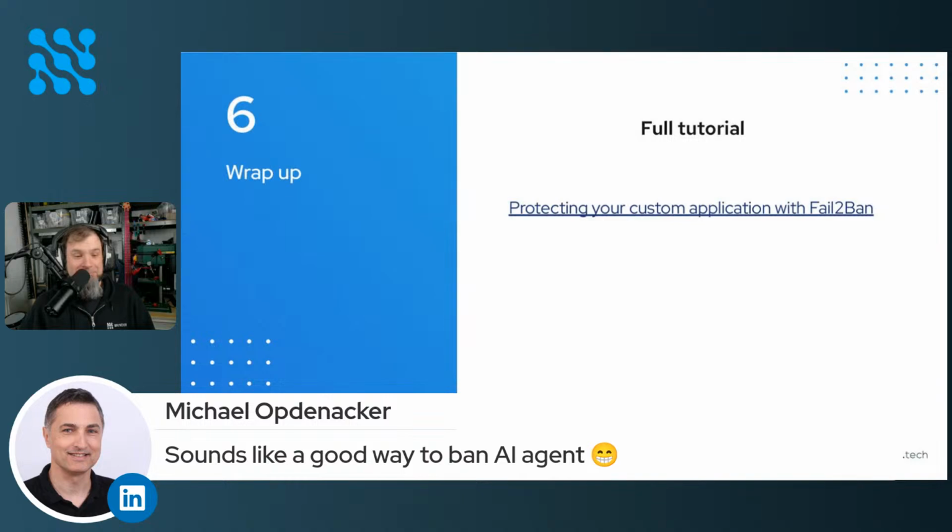And Michael says, sounds like a good way to ban AI agents. Yeah, and I kind of agree. The big problem is that AI agents often fake their user agent. And it's not really nice, but that's reality. So my personal guess is that by triggering on the IP, you have more success, because AI is basically like a giant fuzzing mechanism when it hammers your devices.